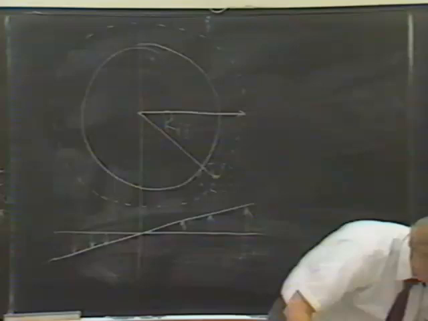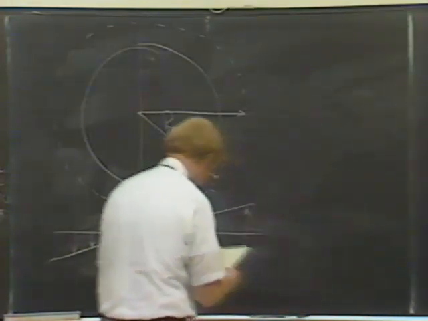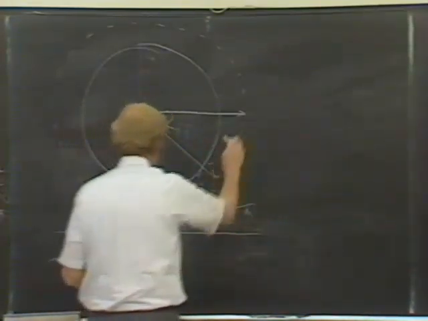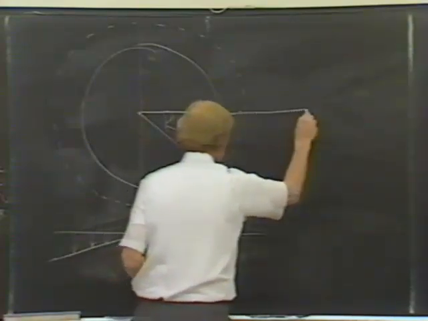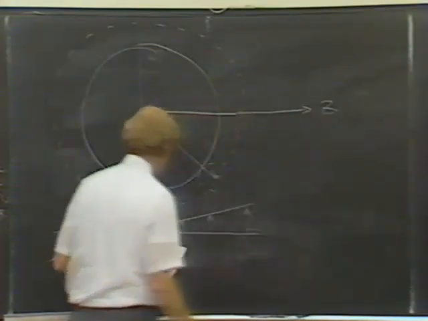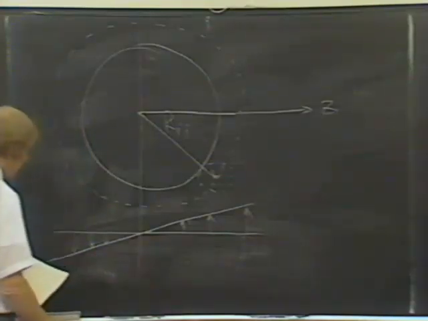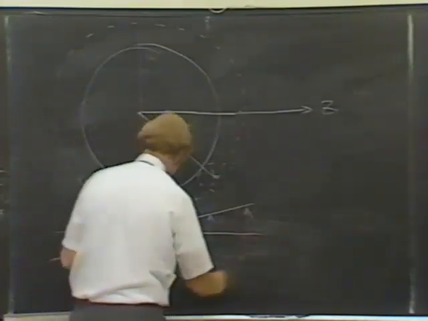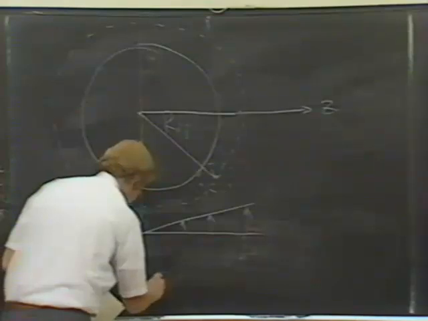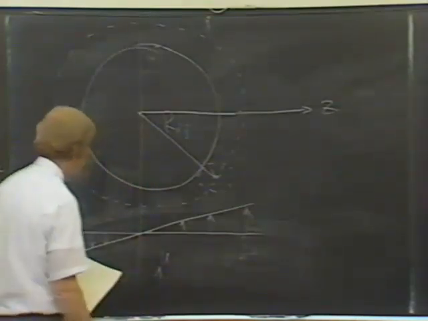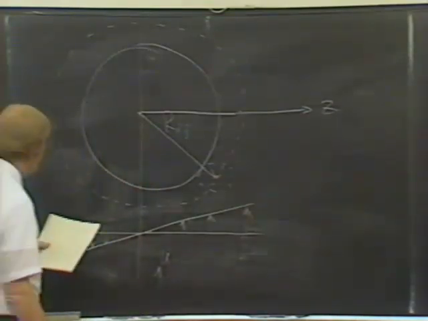I'll make this just a general coordinate, Z. And this we'll call the velocity in this direction as U. And let's consider a slice of this sphere.